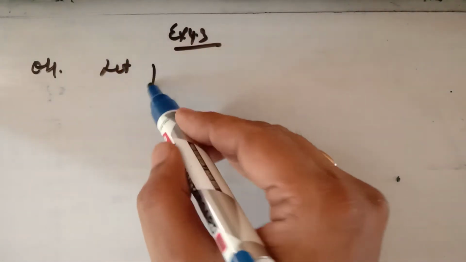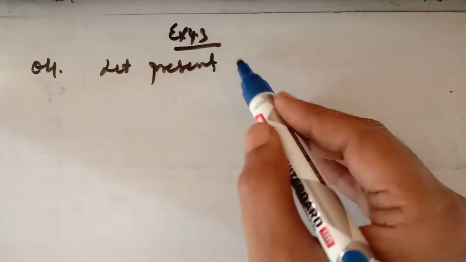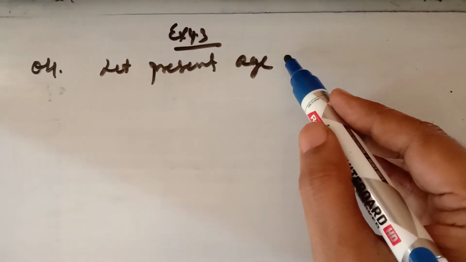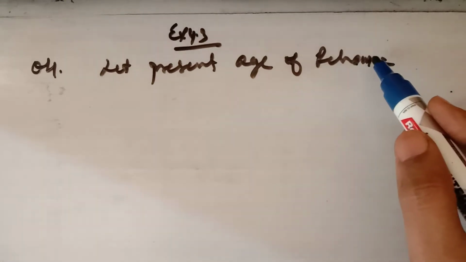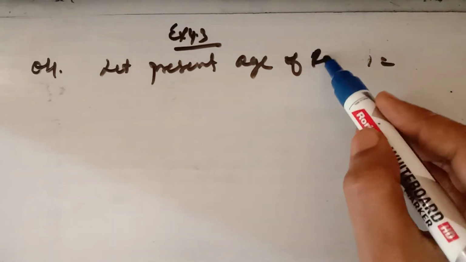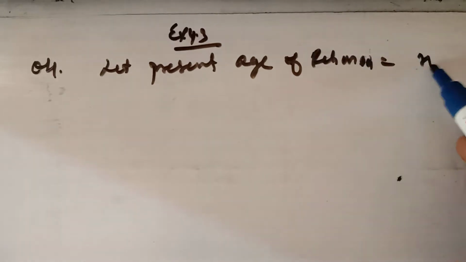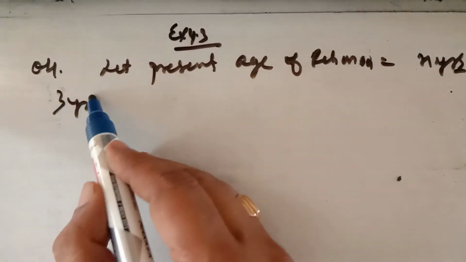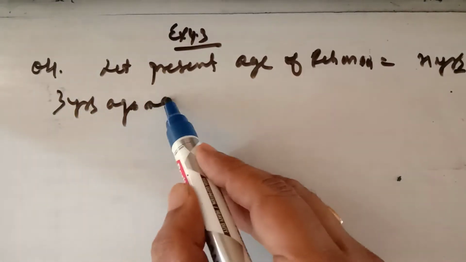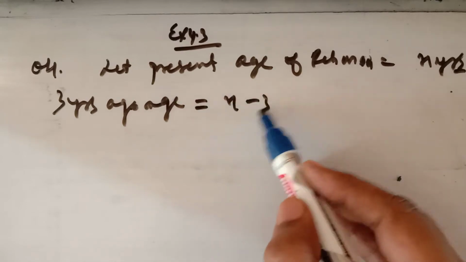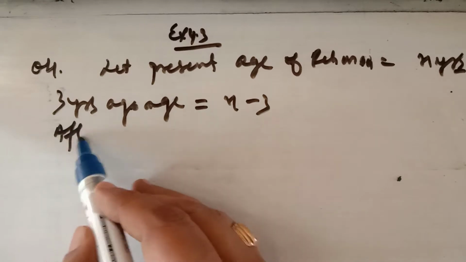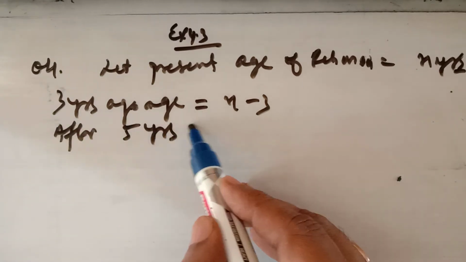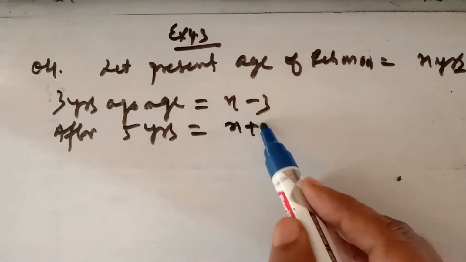So let the present age of Rahman be x years. 3 years ago the age will be x minus 3, and after 5 years the age will be x plus 5.